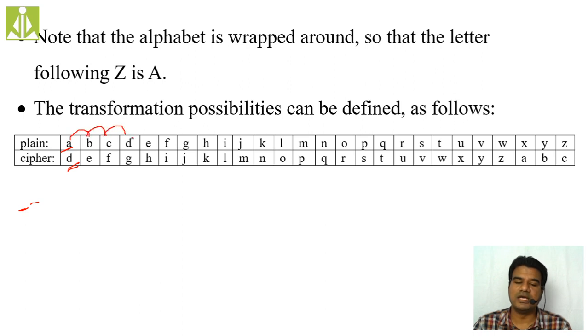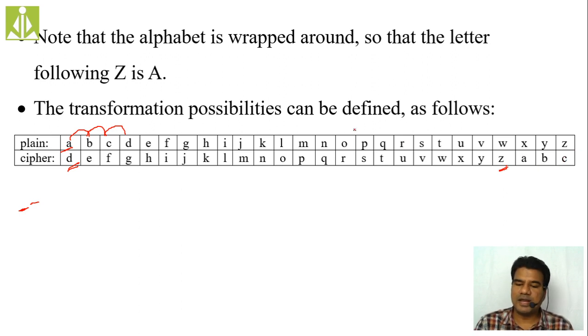So we got D, and that D we keep as the replacement for A. In the same way, the rest of the characters you will get like that, E F G H I J K L up to Z. Once you get to Z, as the alphabet is wrapped around, you have to go back and select A. So for X the replacement is A, for Y the replacement is B, and for Z the replacement is C.